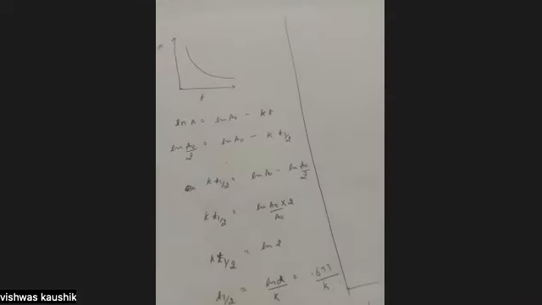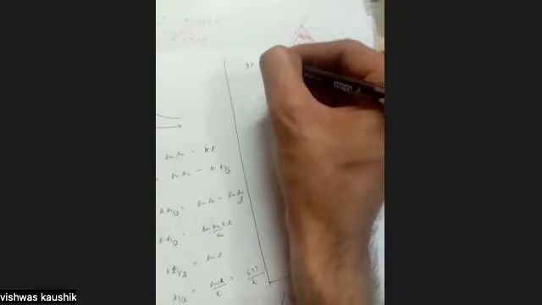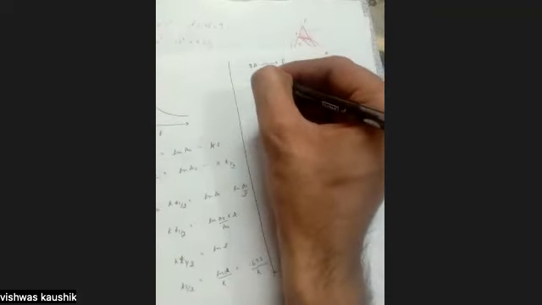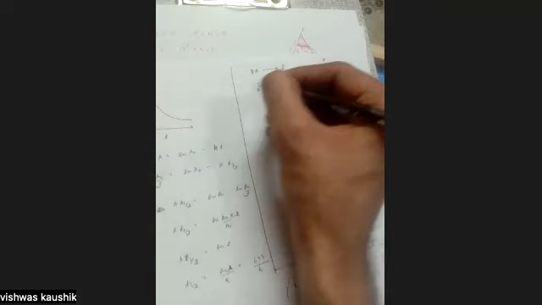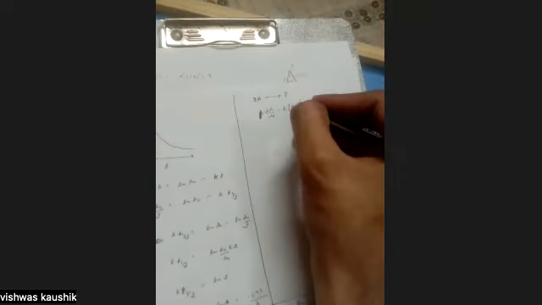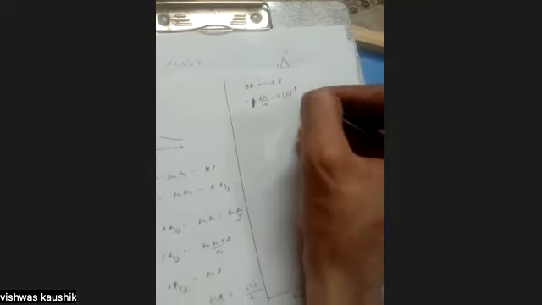Sir, third order of reaction is like this. If 3A gives P, and the rate of the reaction depends on the concentration of the reactant raised to the power 3, so minus dA over A cube equals K dt.